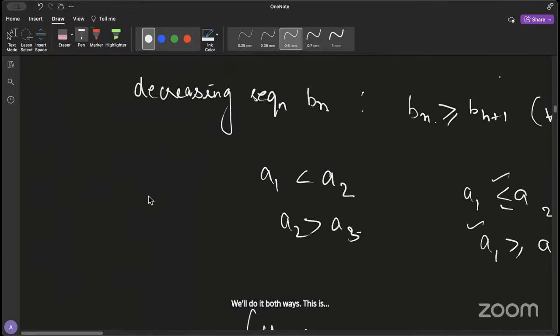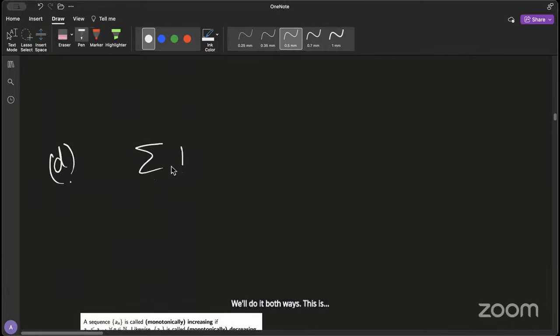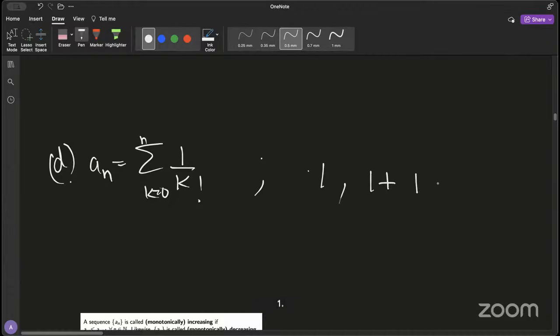This is summation 1 by k factorial, k varying from 0 to n. This is given to be a_n. That means your sequence is simply, if I put 0 here, I'll have 1. Then in the next one, I'll have 1 plus 1. Then the next term will be 1 plus 1 plus 1 by 2 factorial.